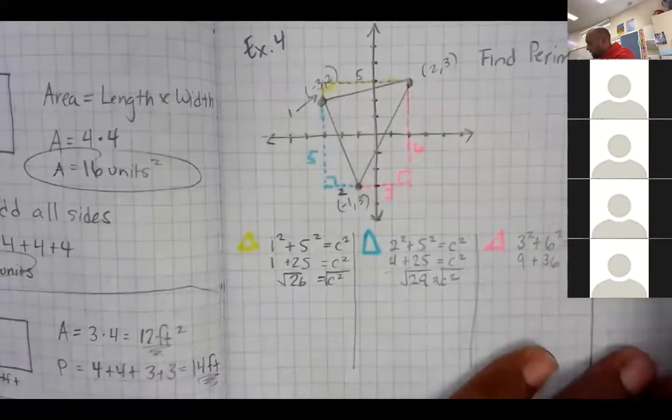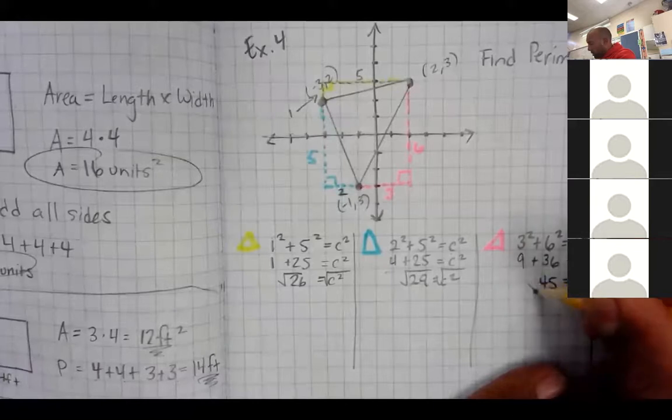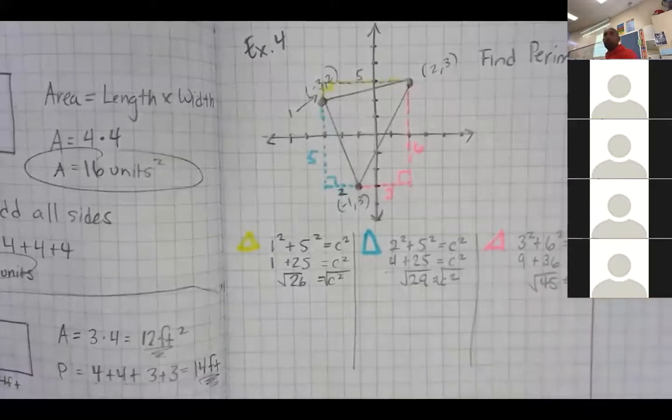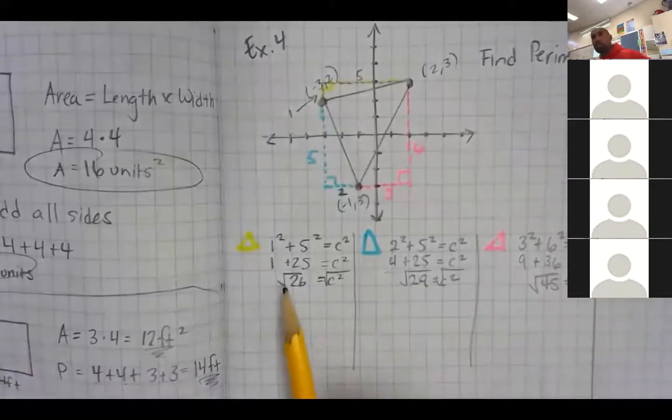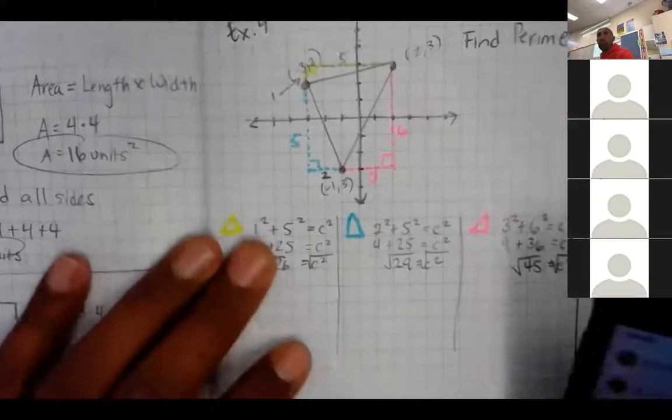Then add the 36 and the 9, that'll be 45, and I'll square root that. So I'm going to be square rooting all of these numbers to figure out the lengths of those sides. And I'm going to do that on the phone this time.